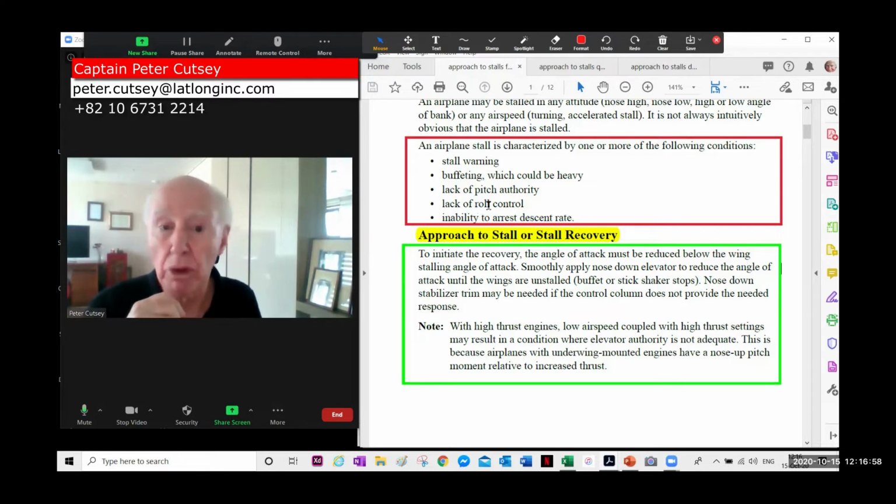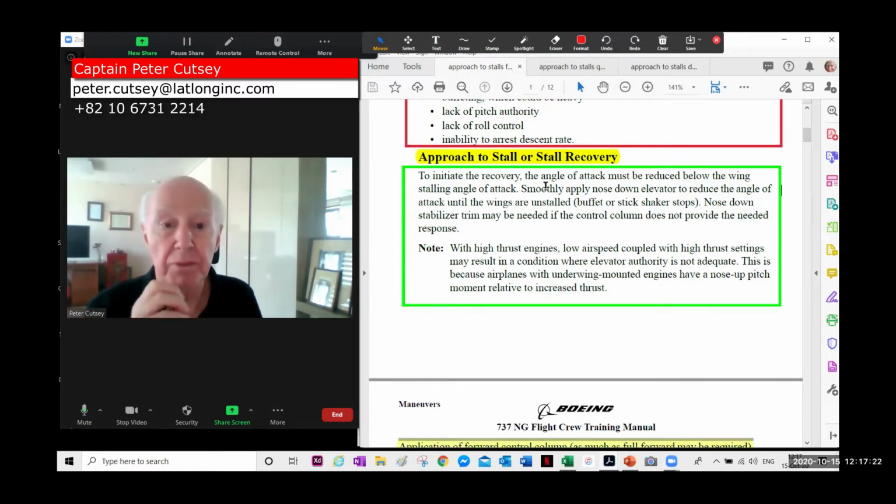And lack of roll control, likewise on the ailerons and spoilers. The rolling sensation is very sloppy. And an inability to arrest descent rate. You can't stop the descent. These are the indications that an airplane stall is characterized by, all right?